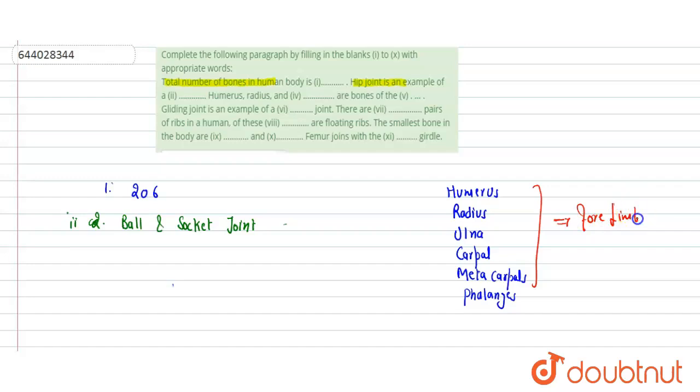The three major bones are the humerus, radius and ulna. Carpals and metacarpals are small bones.